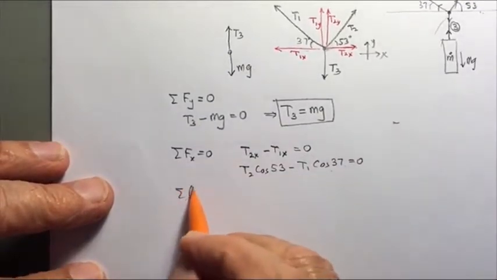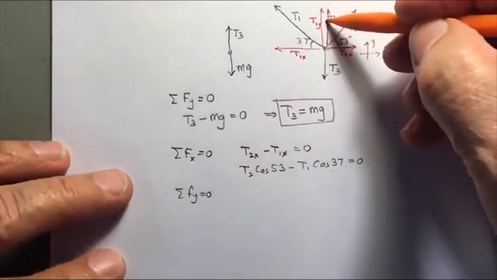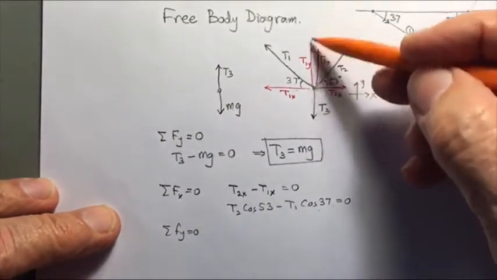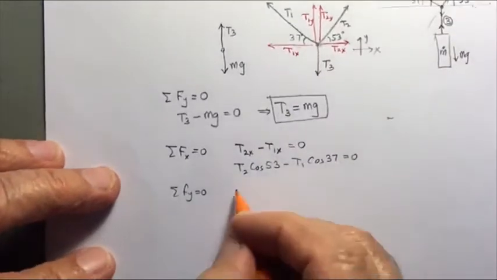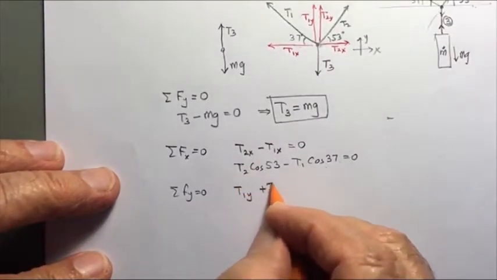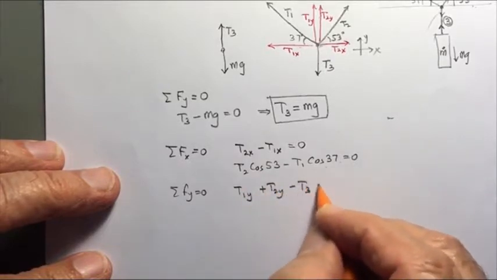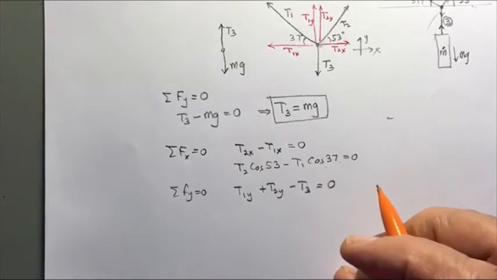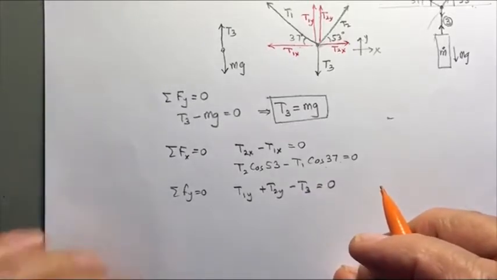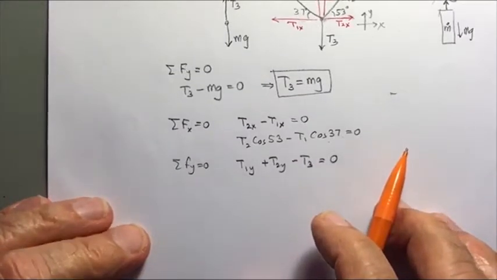And now we write the sum of forces in the y direction is 0 for here, and we have two forces going upwards and one force going downwards. So we have T1y plus T2y, both positive, and T3 negative equals 0.